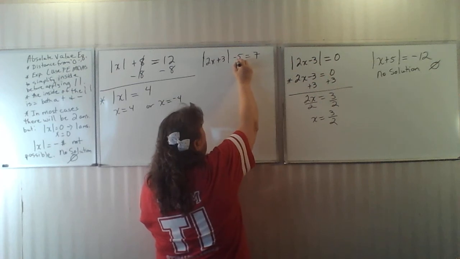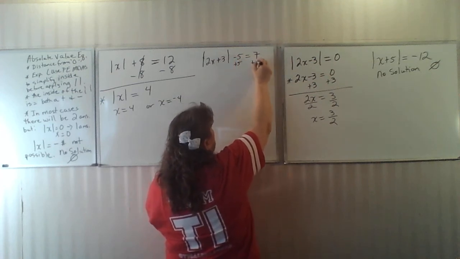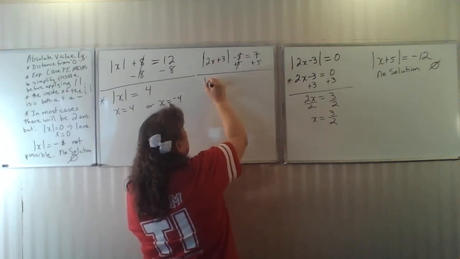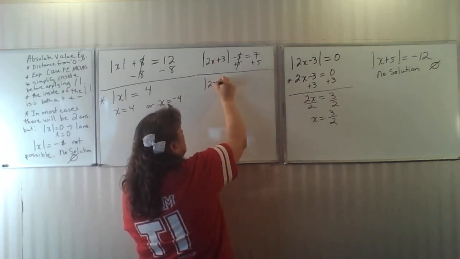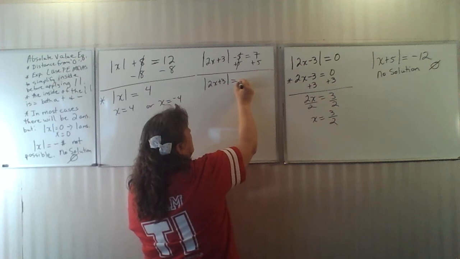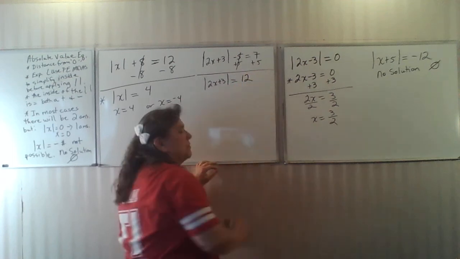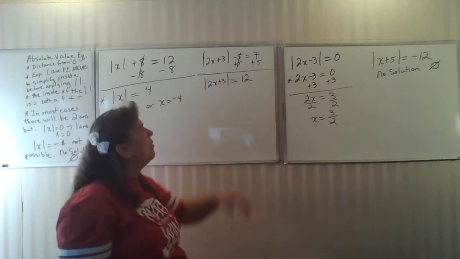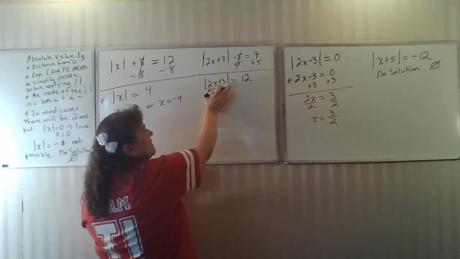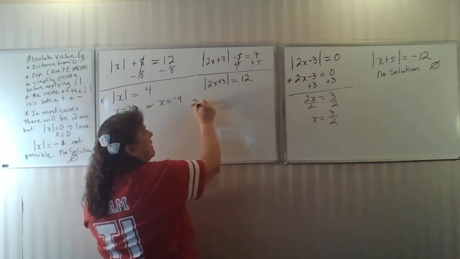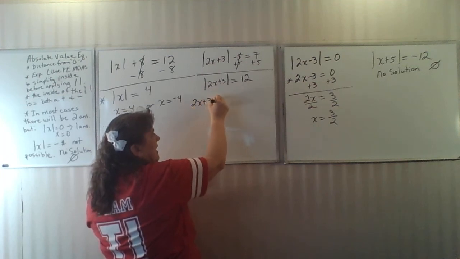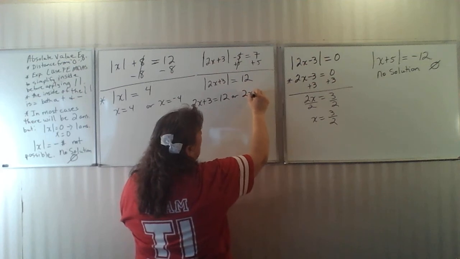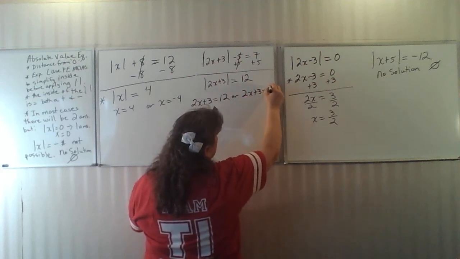So we're going to add 5 to both sides in order to eliminate it. And we're still left with the absolute value of 2x plus 3 equal to the number 12. We're still good. We've got a positive number here, so we can still roll on. Now, this inside is either equal to that exact number, or it is equal to the opposite of that number, which is negative 12.